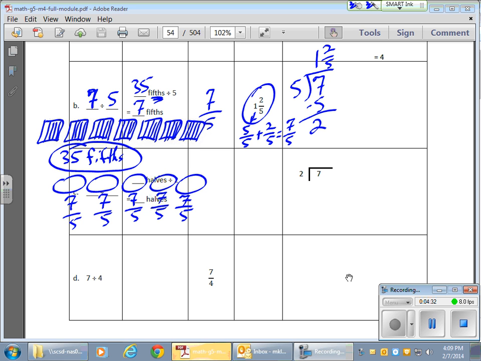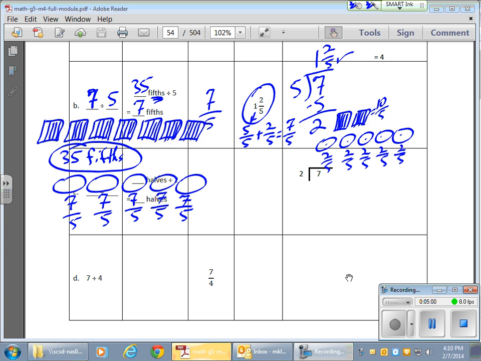This is going to be 2/5 because this is 2 wholes, and I need to split them into 5 parts. The best way for me to do that is to split my wholes into 5 parts, which means I'm going to have 10 fifths there. And if I have 5 parts I'm splitting into, each of them is going to get 2/5. That gives me my total of 10 fifths. Therefore that's my answer.